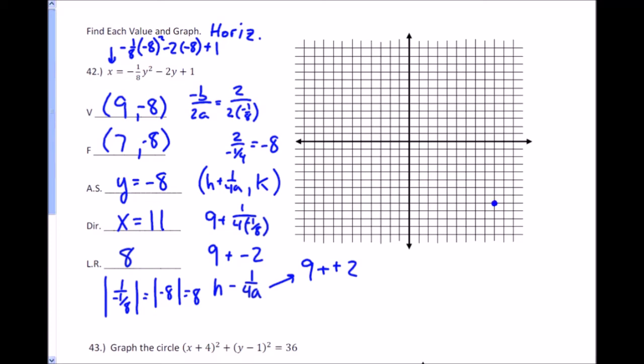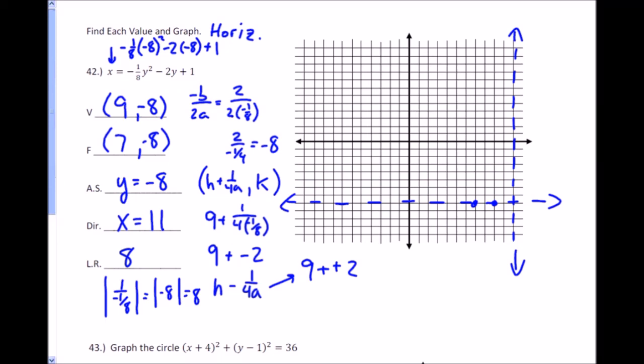It's down here. (7, negative 8) is right here. X equals 11 is right here. That's a dotted line. That's my directrix. The axis of symmetry, almost forgot about him, that's a dotted line going this way. And then my LR is 8 units long, and that goes through the focus.